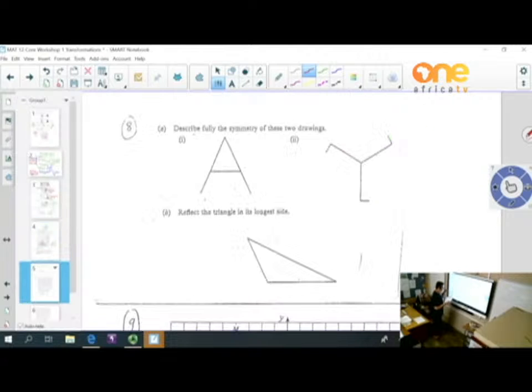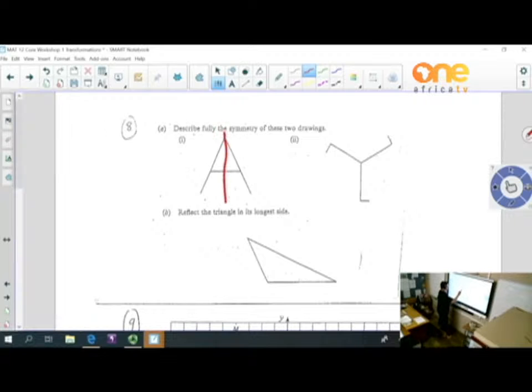Right. Next page. Describe fully the symmetry of these two triangles. So that means lines of symmetry and order of rotational symmetry. Now, this one has one line of symmetry there in the middle, and the order is 1. You can only turn this one once.